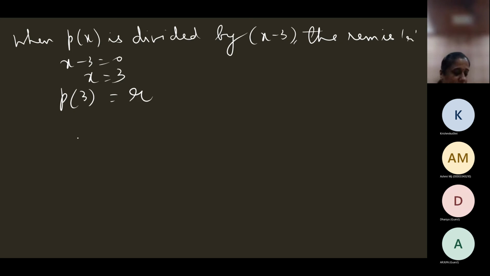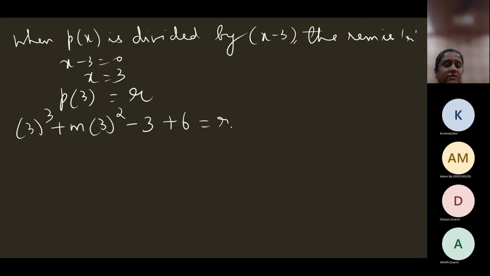So what's the polynomial? Yeah, this one. x cubed, so 3 cubed. Then plus mx square, m into 3 square. Minus x, so minus 3 plus 6 is equal to r. So 27 plus 9m plus 3 is equal to r. 30.